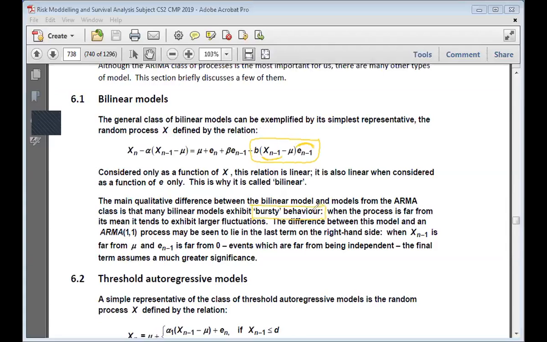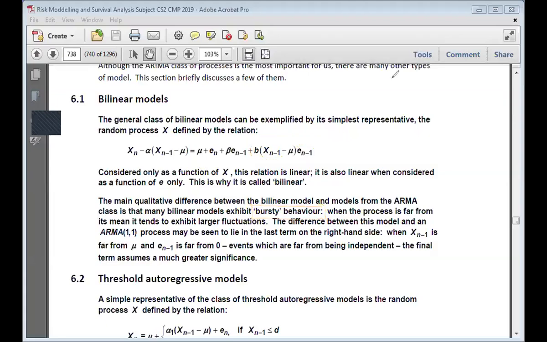What it means is that if you have a process which is far away from the mean, then there will be some fluctuations which will tend to be of a higher value than what you would observe in the normal case. And a similar thing goes with the error term as well. But if you want to capture any kind of relationship like this, you have to use a bilinear model.